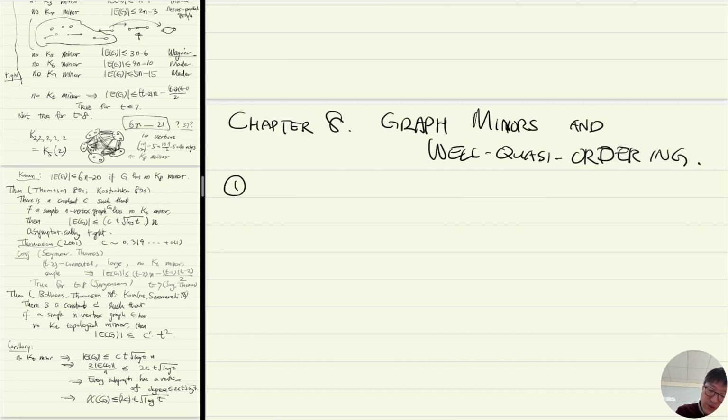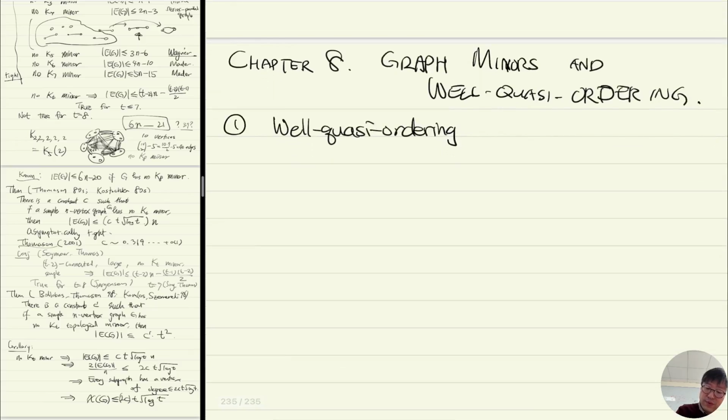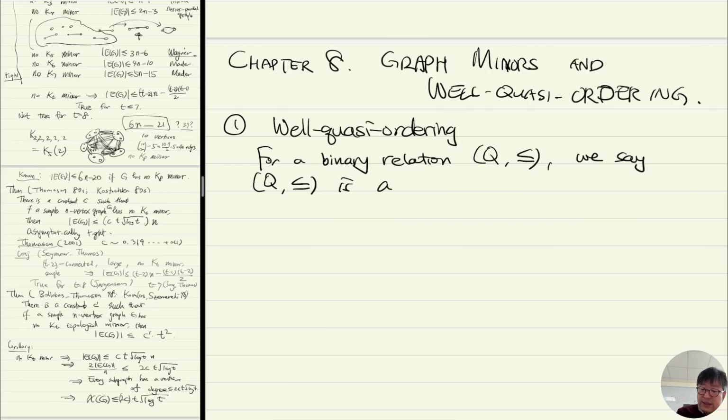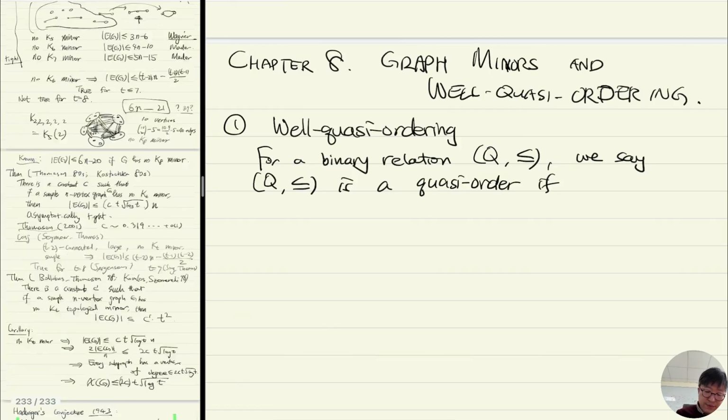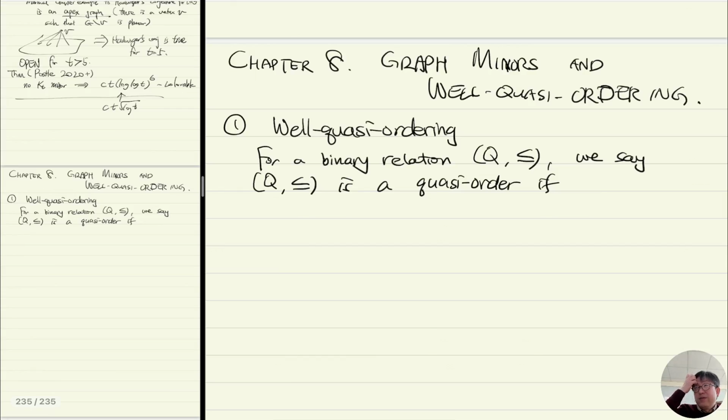So to do that, we start with well-quasi-ordering. For a binary relation Q, we say this is a quasi-order if the following two axioms are true. One, it is reflexive.